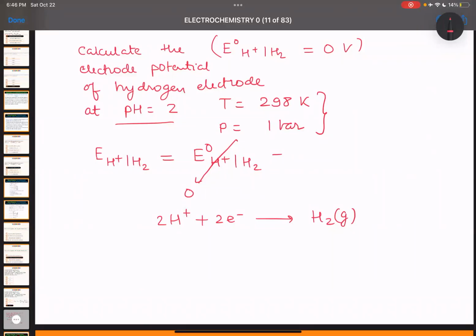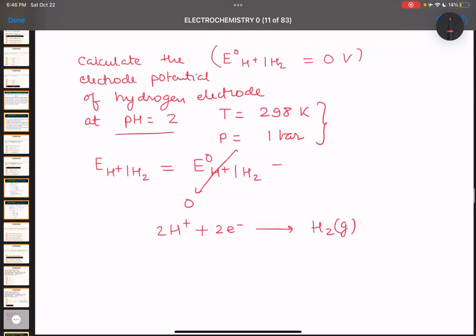How are you going to do it now? Write the Nernst equation. So 0 minus 2.303 R into T by N into Faraday's constant, and log of the concentration of product.